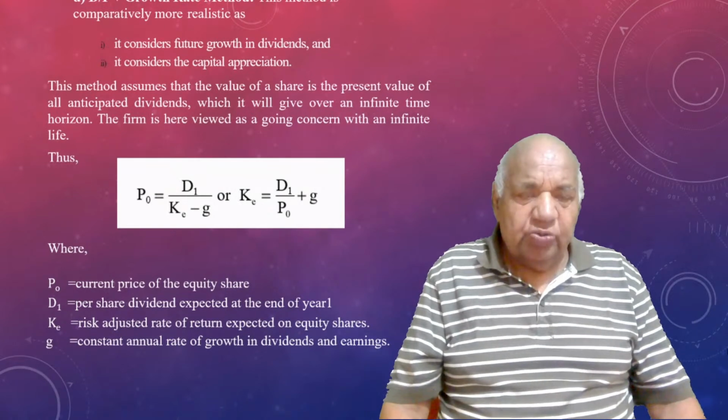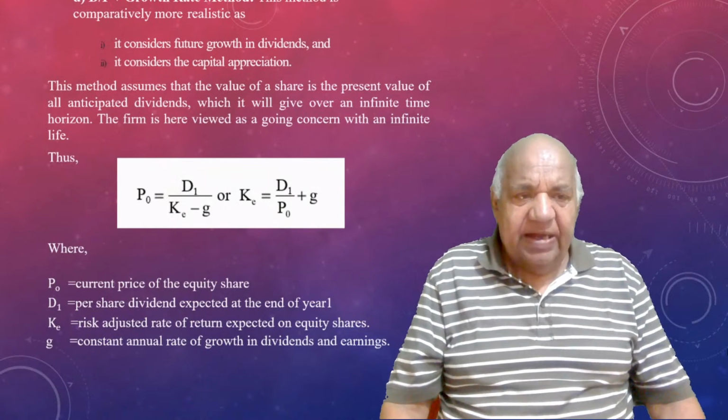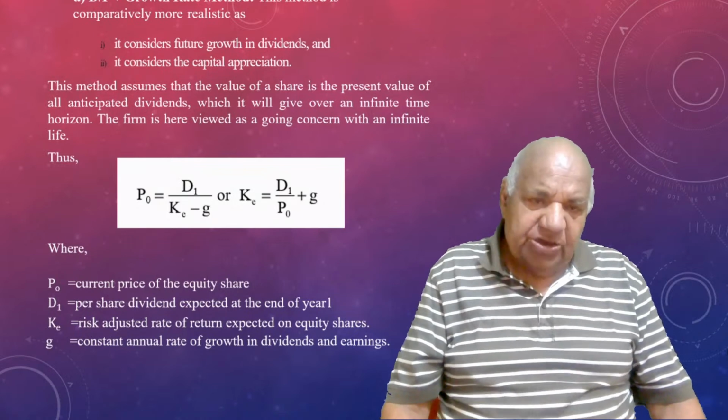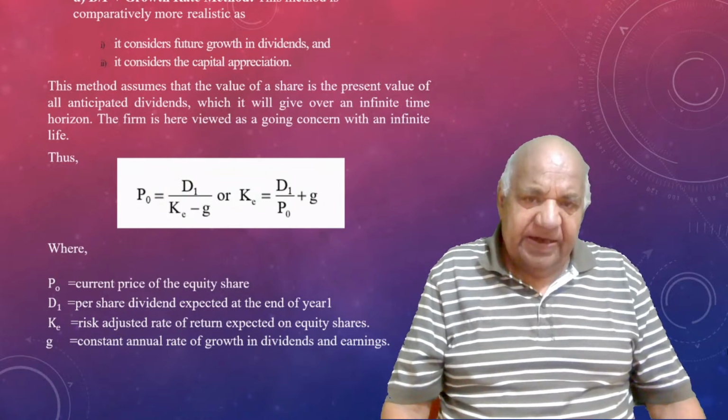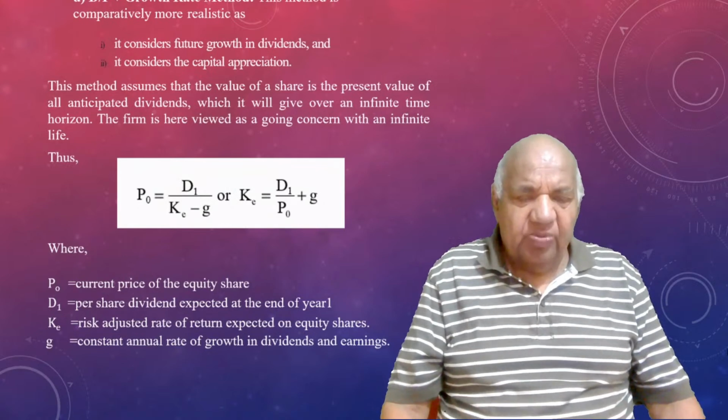This method assumes that the value of a share is the present value of all anticipated dividends, which it will give over an infinite time horizon. The firm is here viewed as a going concern with an infinite life.